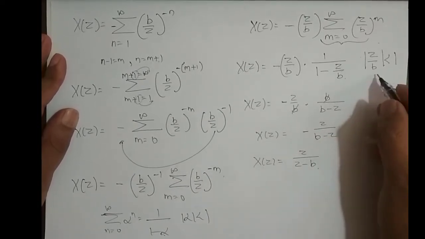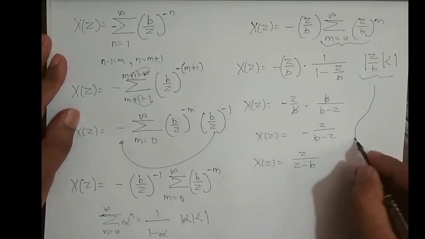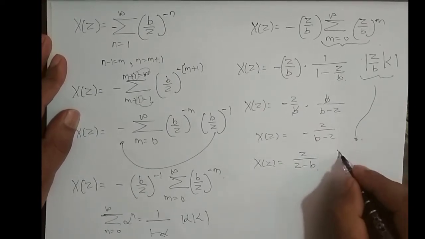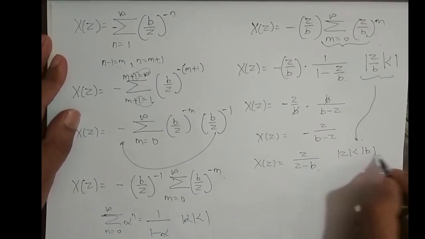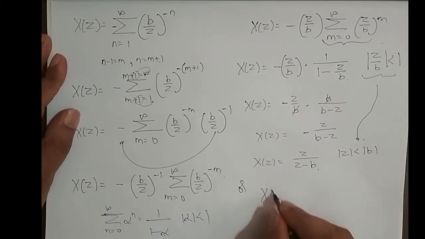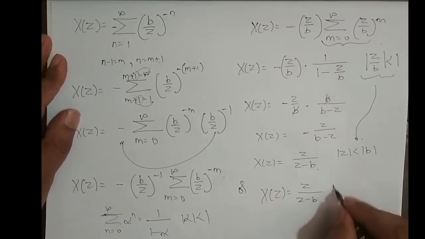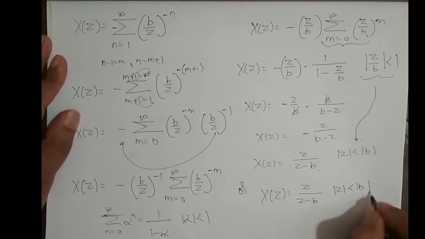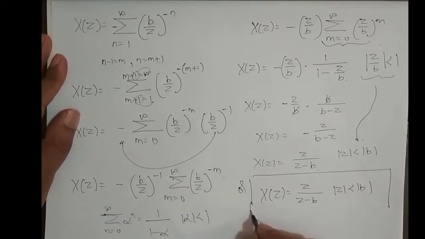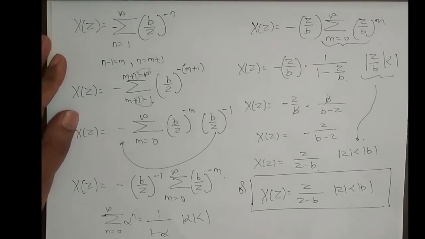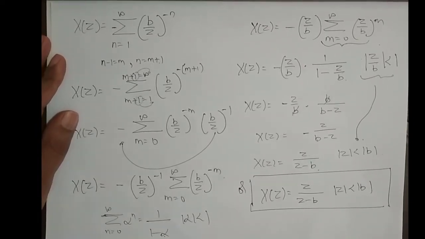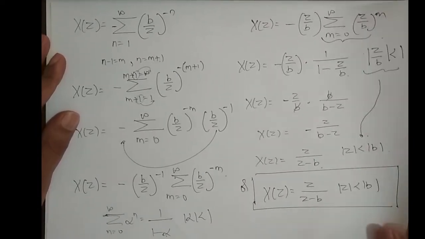And this I have to carry on. So magnitude of z is less than magnitude of b. X of z is z divided by z minus b, with magnitude of z less than magnitude of b. So this is the z transform and its ROC for an infinite length left sided sequence.